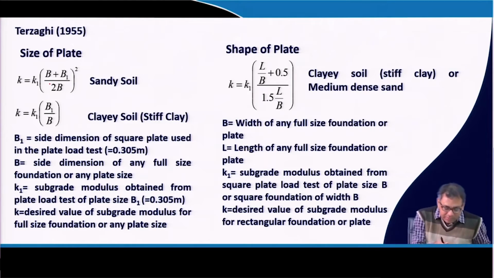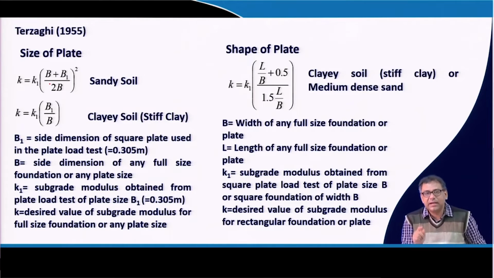And remember that by using these expressions you can also see that as the size of the plate increases, the subgrade modulus value decreases. So, that is why we have to take the plate size as big as possible.